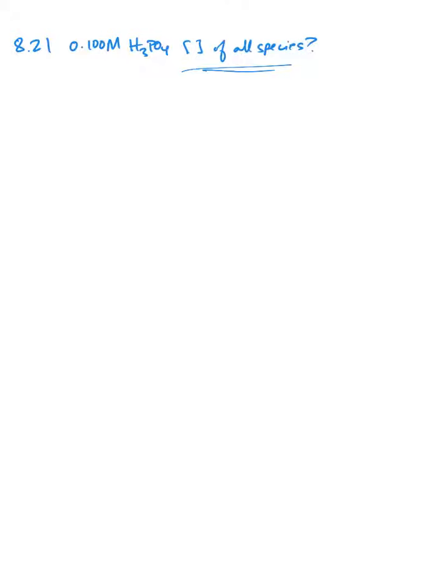So in short, I won't write every gory detail, but the dissociation of the first proton is going to follow Ka prime, or Ka1, whatever you want to call it. That value is 7.5 times 10 to the minus 3. This problem asks us to start with a 0.100 molar concentration.